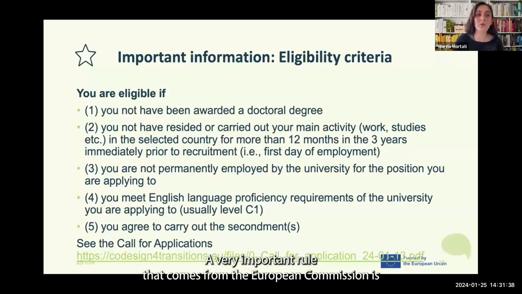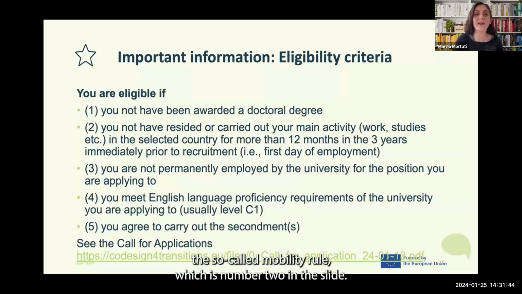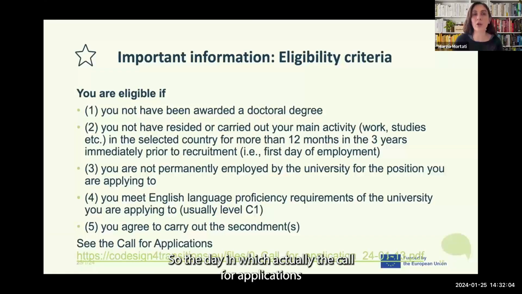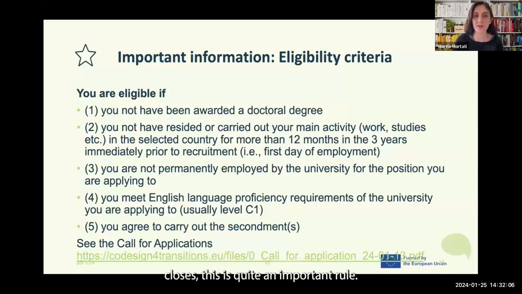A very important rule that comes from the European Commission is the so-called mobility rule, which is number 2 in the slide. This rule says that you can only apply to those positions that are held at universities in countries in which you have not resided for more than 12 months in the 3 years that precede the recruitment date, so the day in which the call for applications closes.